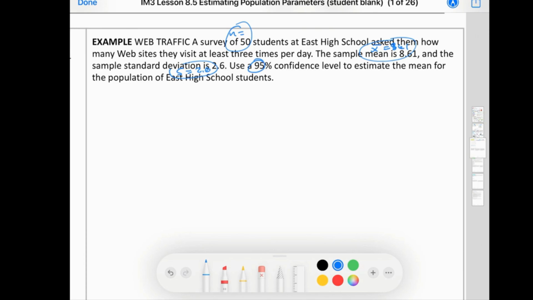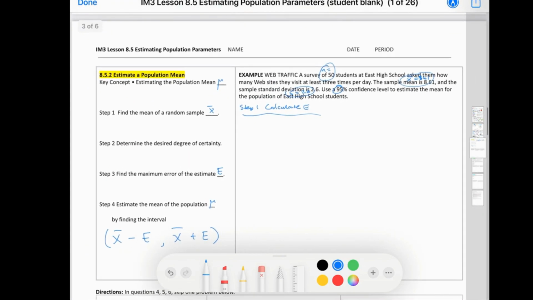Okay, let's do a couple of things. The first thing I want to do is calculate E. So let's see what we got so far. Do we have step 1? Yes. Now, degree of certainty.